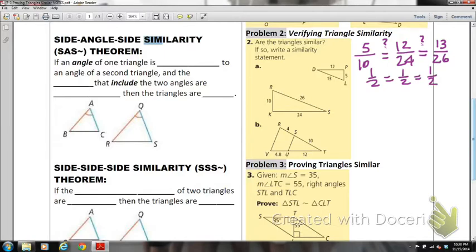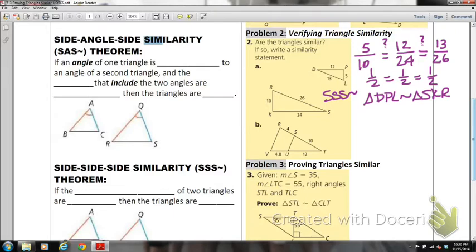So they are proportional. And so they are similar by side-side-side. So we have side-side-side similarity, and we write a similarity statement. Triangle DPL is similar to triangle SKR.